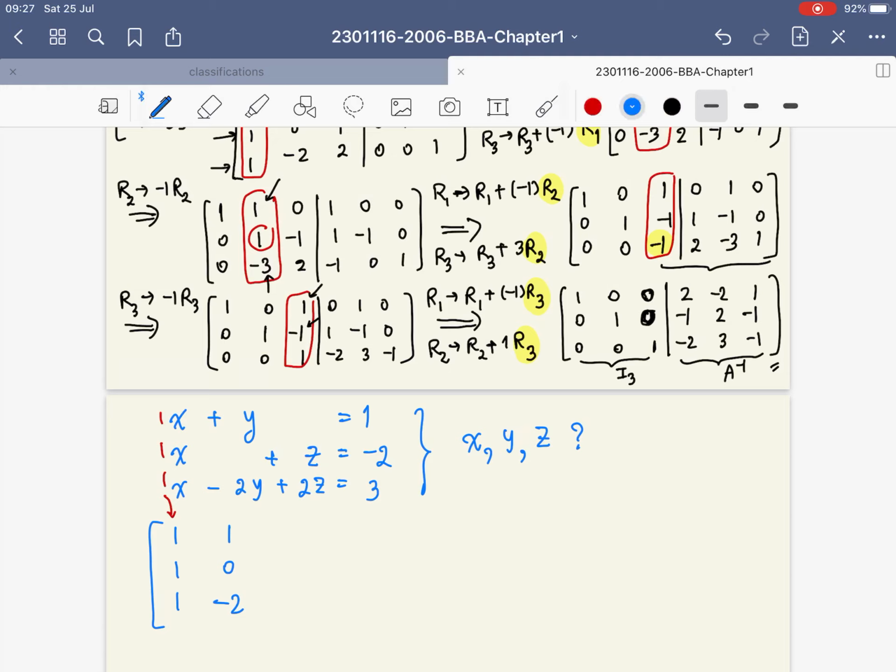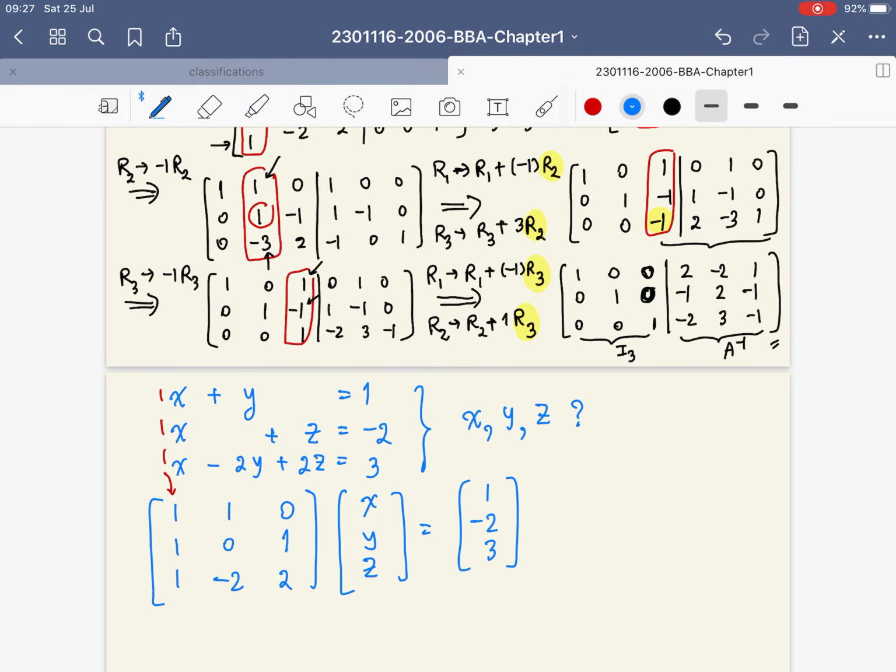And the coefficients of your z are 0, 1, 2. All the variables are ordered by x, y, z like this, and then the constants are on the right hand side over here. So here is your Ax equals b again.